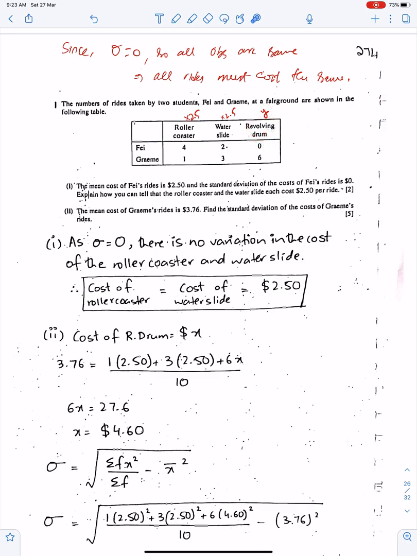Well, the second part: the mean cost of G's rides is 3.76. Find the standard deviation. Since we have the mean, we can get the cost for the revolving drum. By using the formula of mean, we can get the cost. I am supposing this as y, since for this student I supposed this as x.